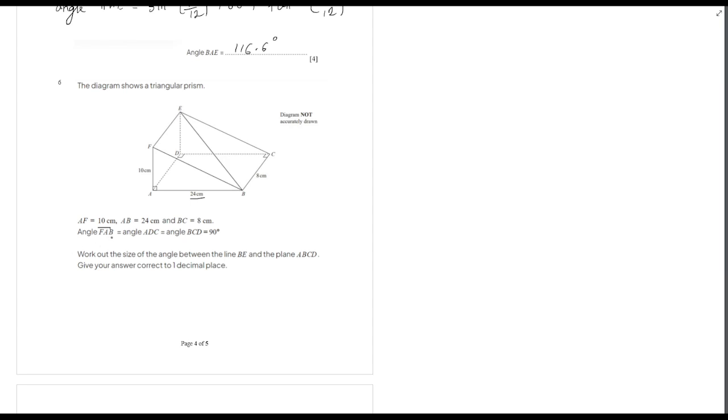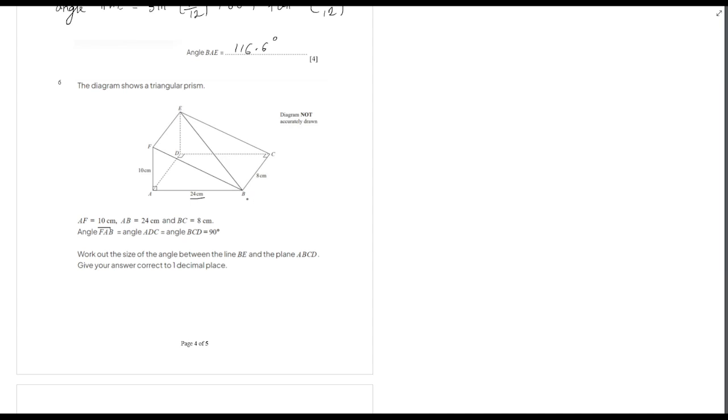Angle FAB is equal to angle ADC, and angle ADC and BCD you can see in the diagram, they are each 90 degrees. That means this bottom ABCD is a rectangle. Work out the size of the angle between the line BE and the plane ABCD. Give your answer correct to one decimal place.